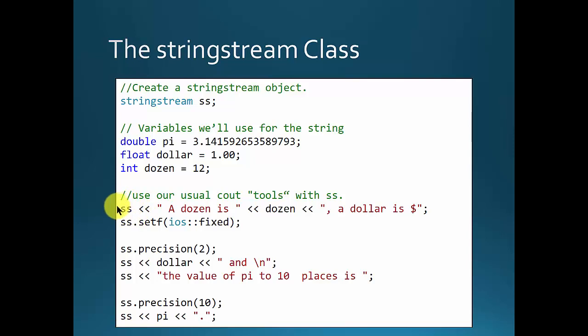But instead of cout, notice it's the stringstream object that we have created. And you can see that you can use ios fixed, just like you do with a cout. You can set precision. You can do the same things to format your output as you would with cout, except that instead of going to cout, you're streaming to your stringstream object.